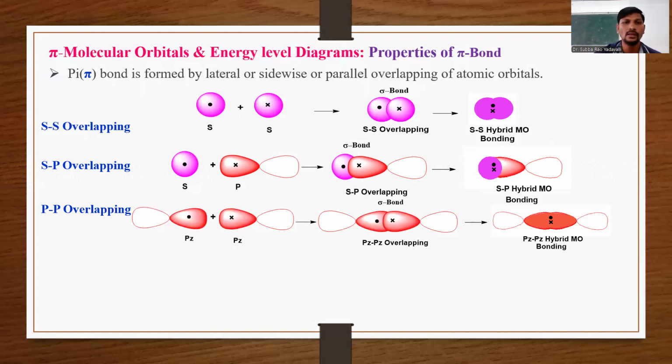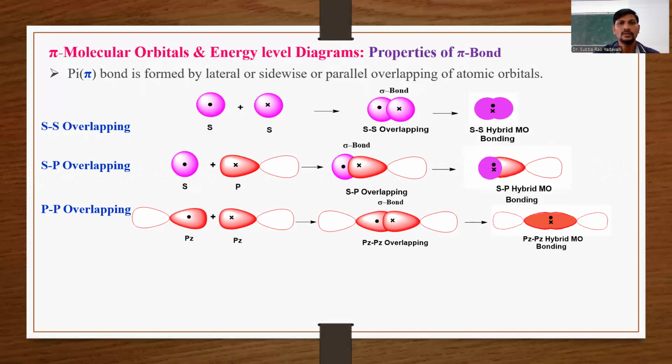But according to the molecular orbital theory, the pi bond is formed due to the parallel or lateral overlapping. Why? There are three degenerate p orbitals: px, py and pz. The pz orbitals undergo axial overlapping.